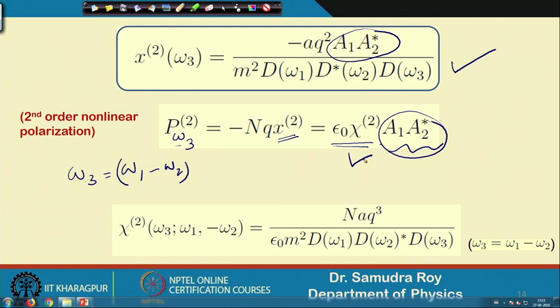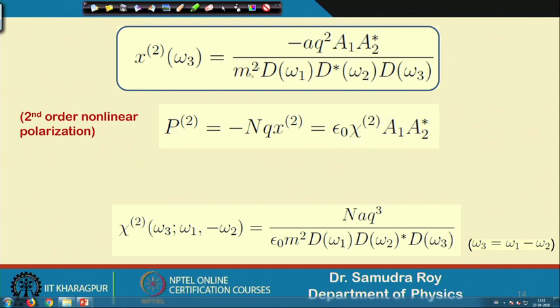So, chi 2 can now be represented in terms of everything. I just replace here, so this is now equal to this. a1 a2 will cancel out, epsilon 0 will go down, and after some small calculation you will come to this form.